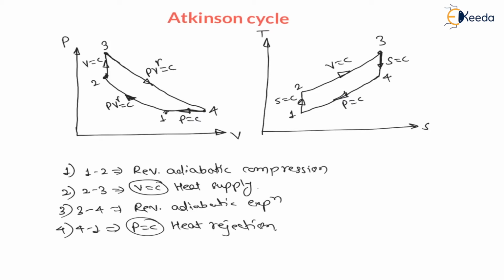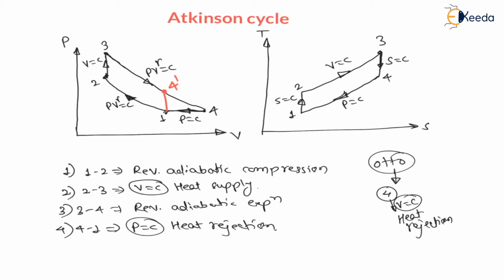My dear students, in Otto cycle you have learned that the first three processes are same, that is 1 to 2 reversible adiabatic compression, 2 to 3 heat supply at constant volume, 3 to 4 reversible adiabatic expansion. But the last process, process number 4, in case of Otto cycle is constant volume heat rejection. Now the Otto cycle will look like this, that is here there will be 4 dash.